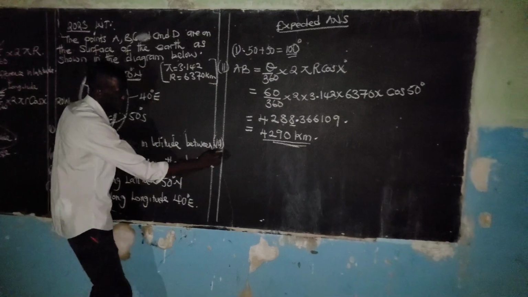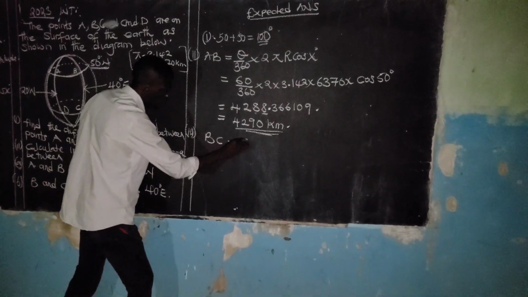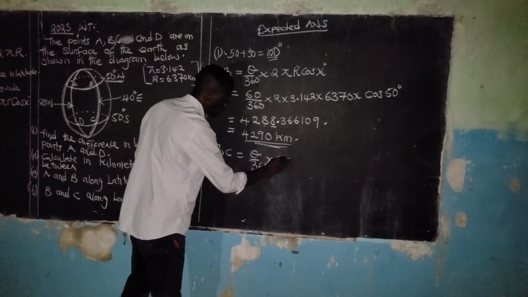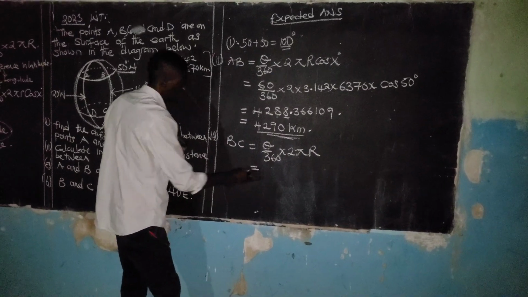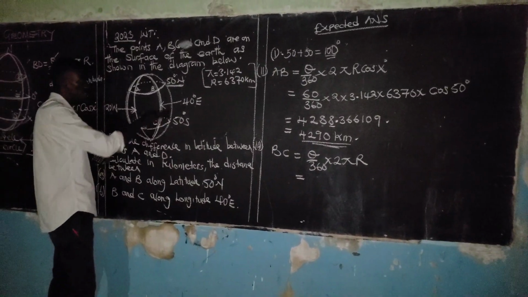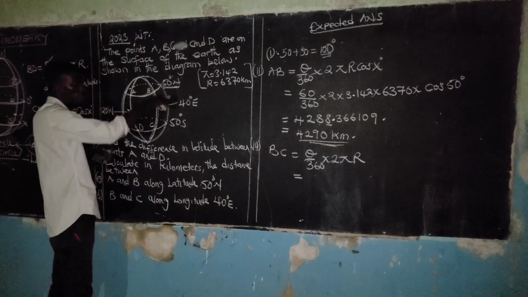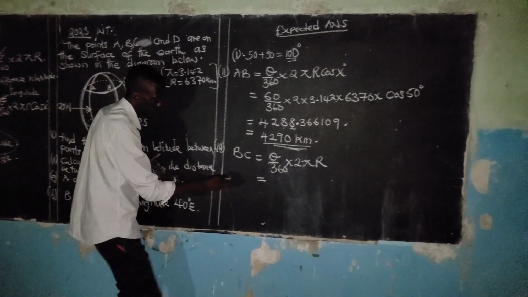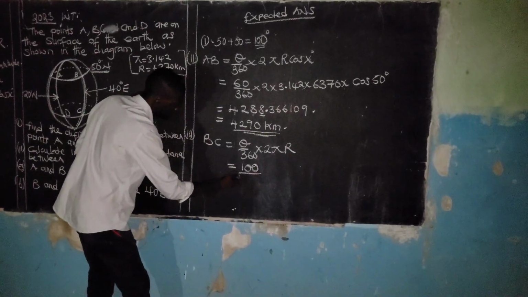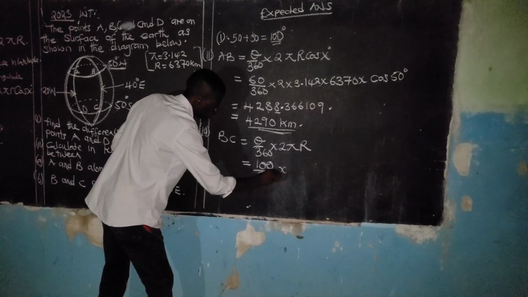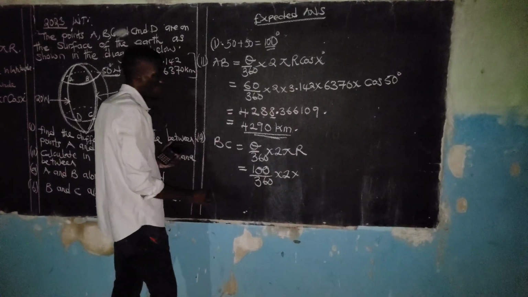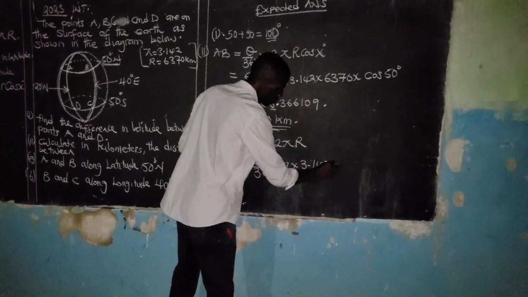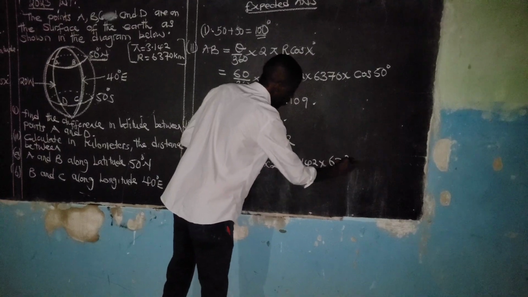So we're going to say, okay, our BC will be equal to theta over 360 times 2 pi r. Our theta again is the difference in latitudes. This one is standing on 50 north, this one is standing on 50 south. So we add these two, giving us 100 over 360 times 2 times pi, which is 3.142, times 6370.